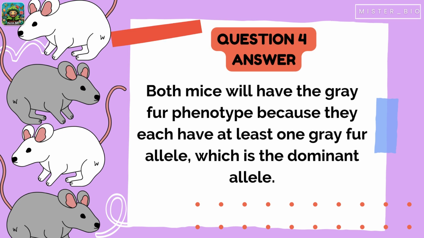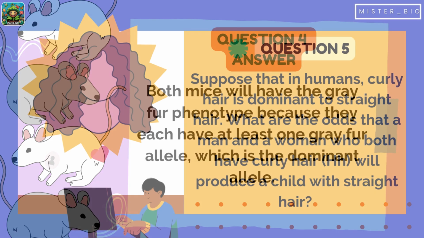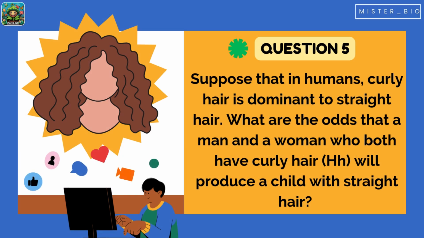Answer. Both mice will have the gray fur phenotype because they each have at least one gray fur allele, which is the dominant allele.